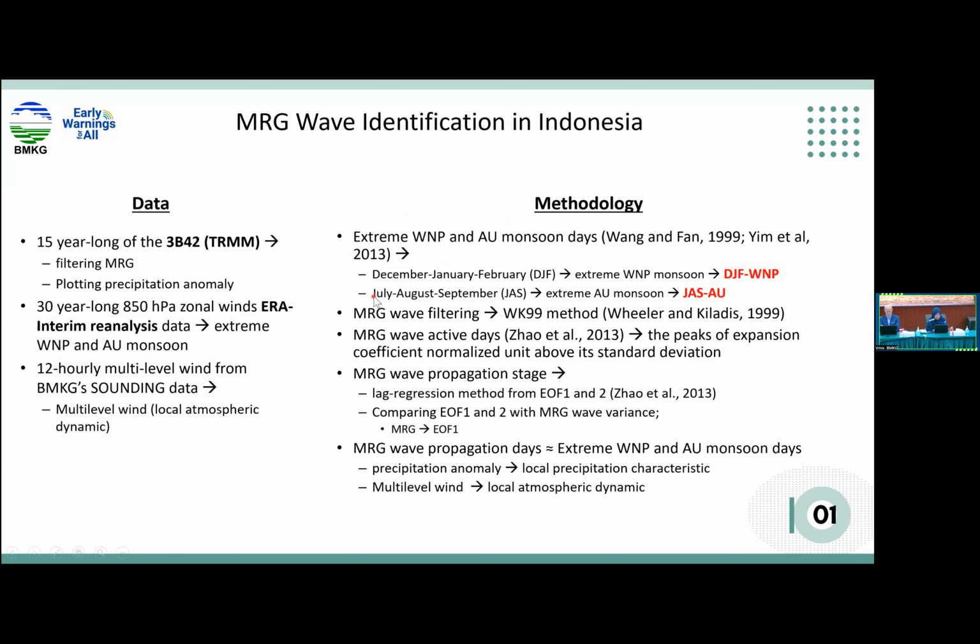And this is also, as I said before, I would like to share the result of my previous research. We used 15 years of TRMM data for filtering the mixed Rossby-Gravity wave, and also for plotting the precipitation anomaly.